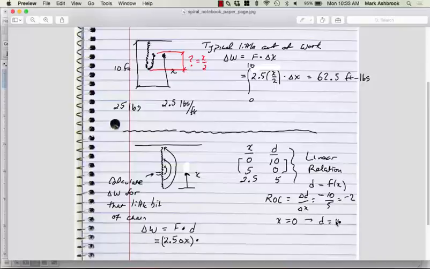Therefore, d equals what? Negative 2x plus 10. So that's the distance. If the little bit of chain is x from the bottom, the distance it goes is negative 2x plus 10.